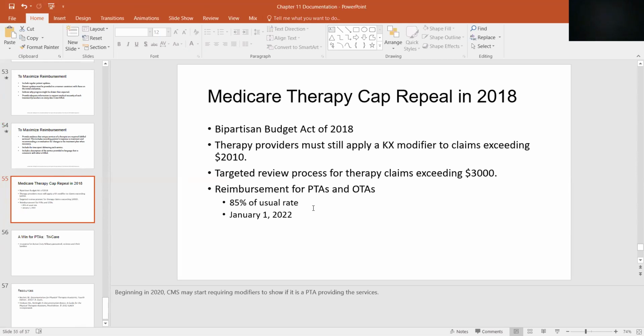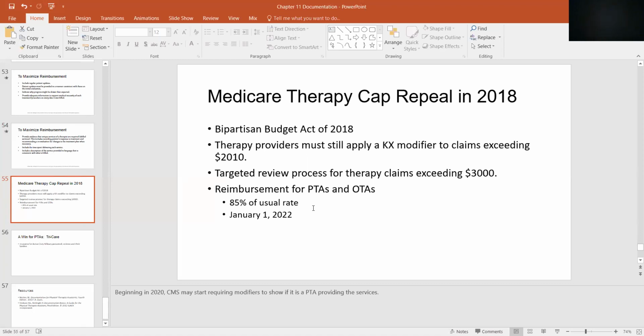So Medicare came up with this thing called a KX modifier that would allow you to go above the cap, but you still had to tread very lightly. Hey, the nice thing is in 2018 this therapy cap was finally repealed. They had been working to get it repealed for probably 17, 18 years.